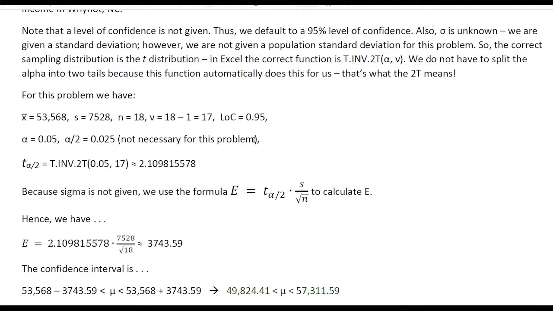But if we're not given our population standard deviation, as I said, the alpha over 2 part of this is not necessary. Yeah, we'll keep it on the spreadsheet, but it's just not necessary.